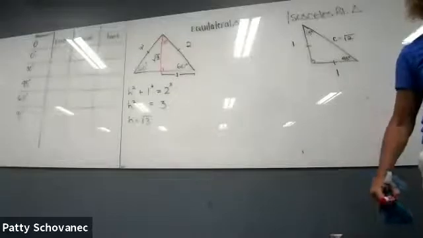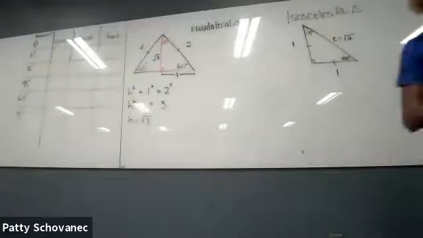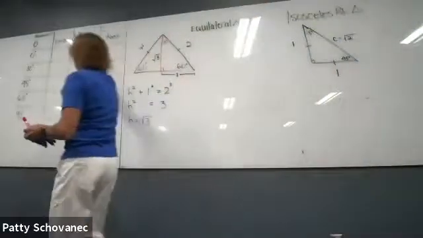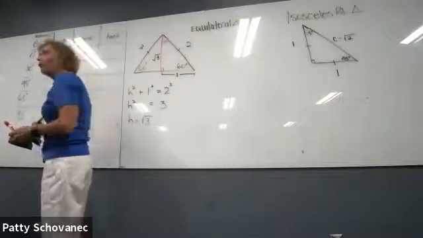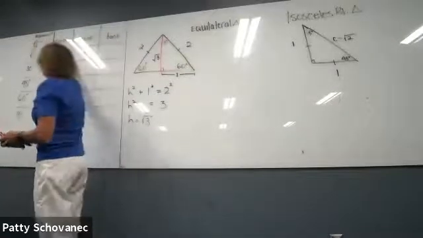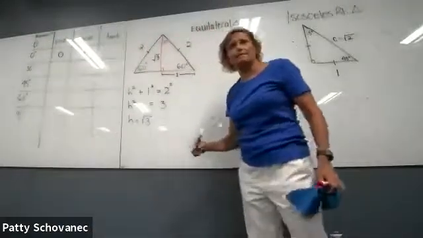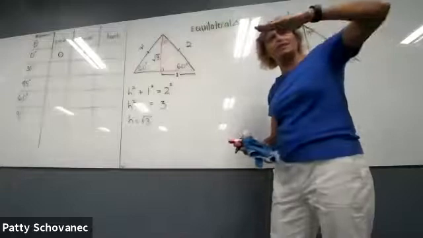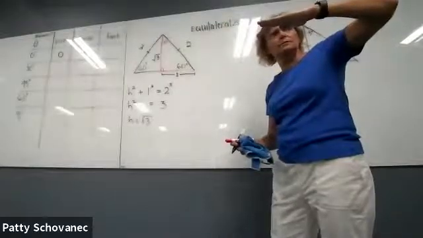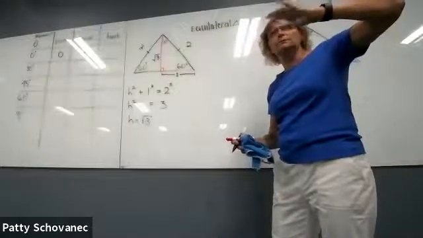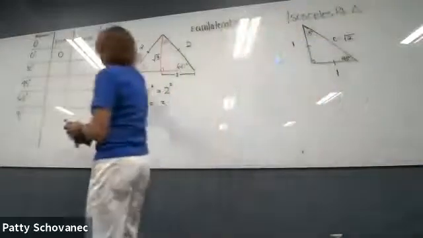Which one of these has a ratio of x over r? Cosine. So this is going to be 1. But the sine is y over r. The y value is going to be 0 because that angle was coterminal with the x-axis. What about the tangent? The tangent is y over x. 0. The y value is 0.